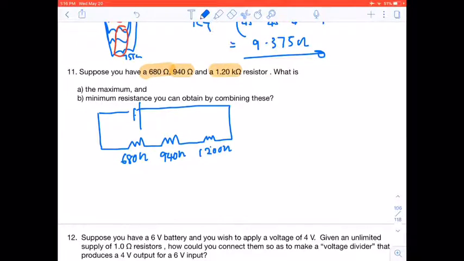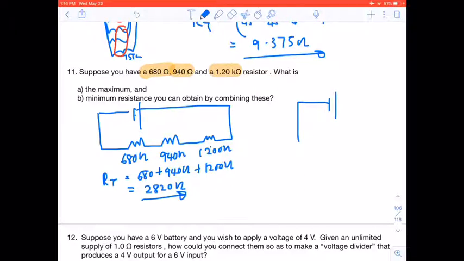And R total is equal to 680 ohms plus 940 ohms plus 1200 ohms, which then gives us 2820 ohms. That is the maximum total resistance. If you want the same thing with the same battery, not that the batteries matter in this particular case, because we're not looking at current, we're only looking at the resistance.